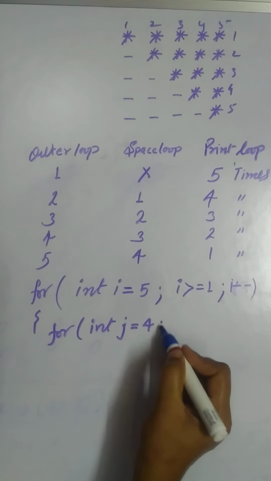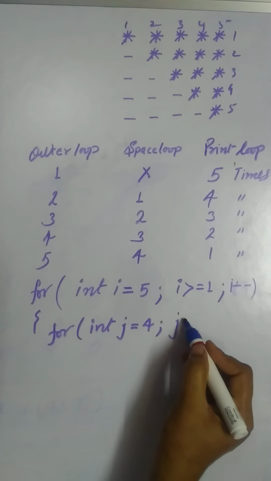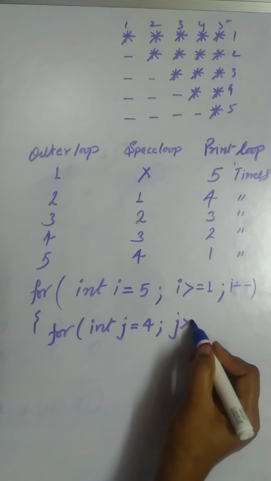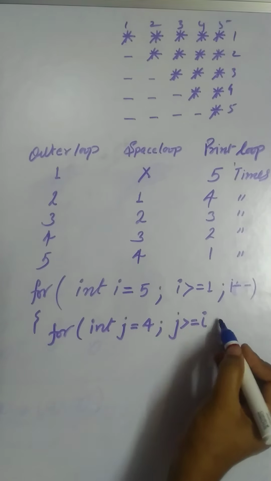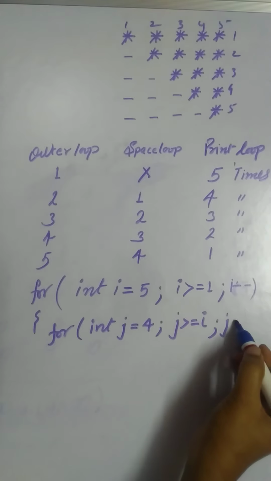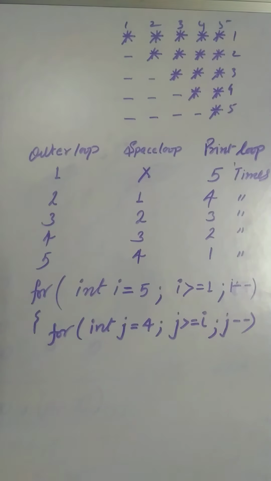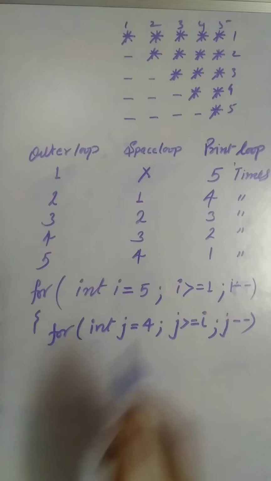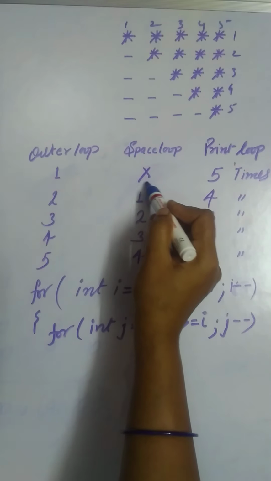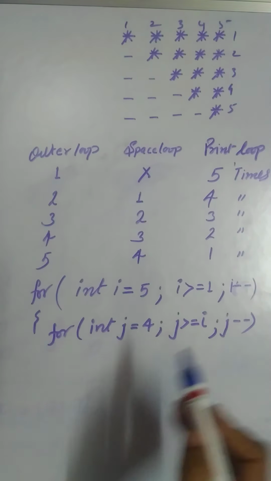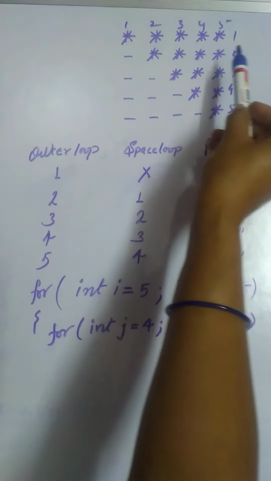After this, the first inner loop, which is responsible for space: int j is equal to 4 and j is greater than or equal to i, and j minus minus. The first time we don't need the space loop, which means we do not print space in the first row.